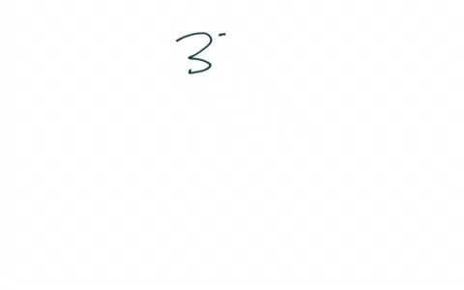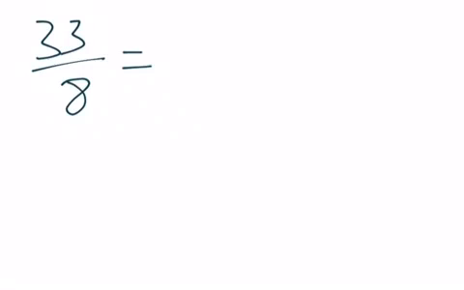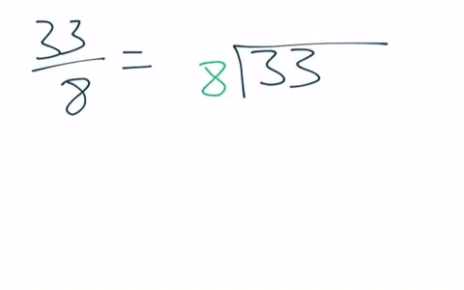The way we turn this improper fraction into a mixed number is we're going to say 33 inside. Top number always goes inside, and divide by the bottom number, the 8, the denominator. So 8 does not go into 3, but 8 does go into 33, and it goes in 4 times actually.